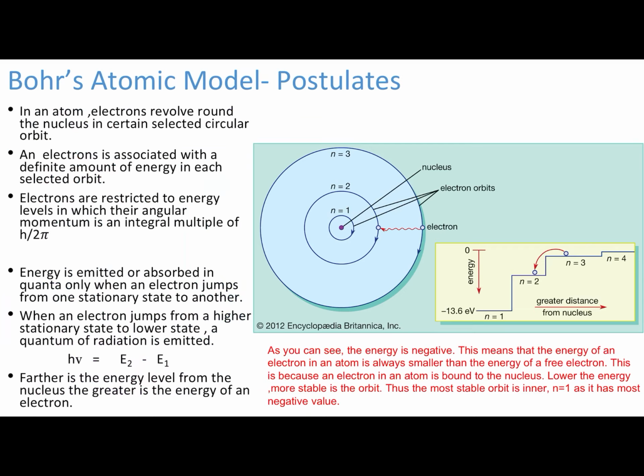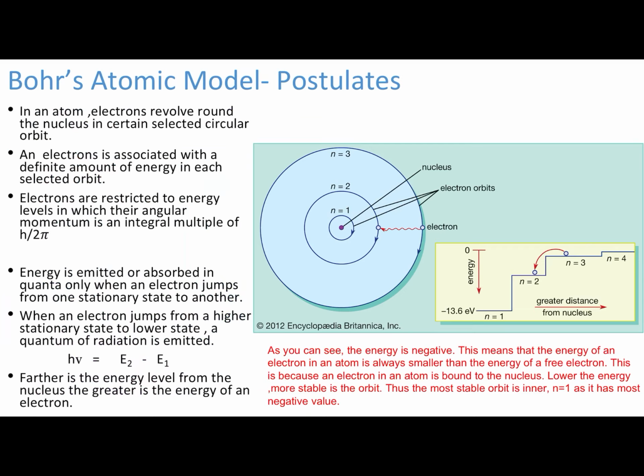Niels Bohr explained Bohr's theory. According to Niels Bohr, in an atom, electrons revolve round the nucleus in certain selected circular orbits. An electron is associated with a definite amount of energy in its selected orbit.